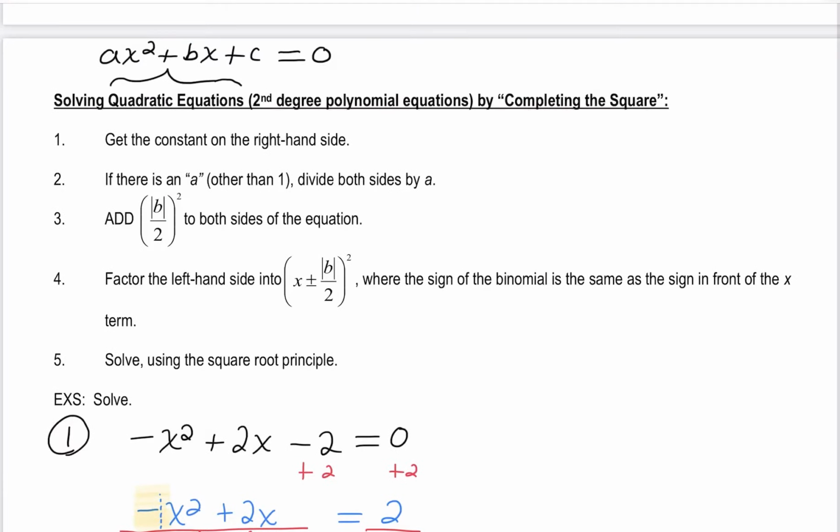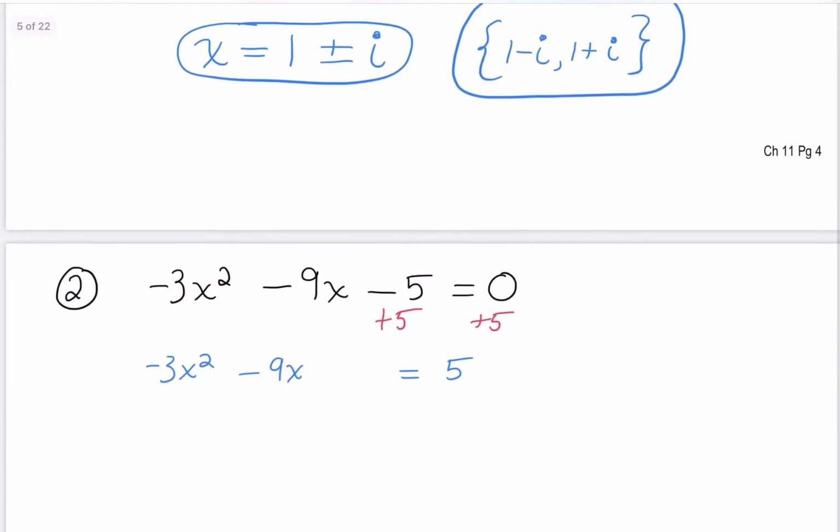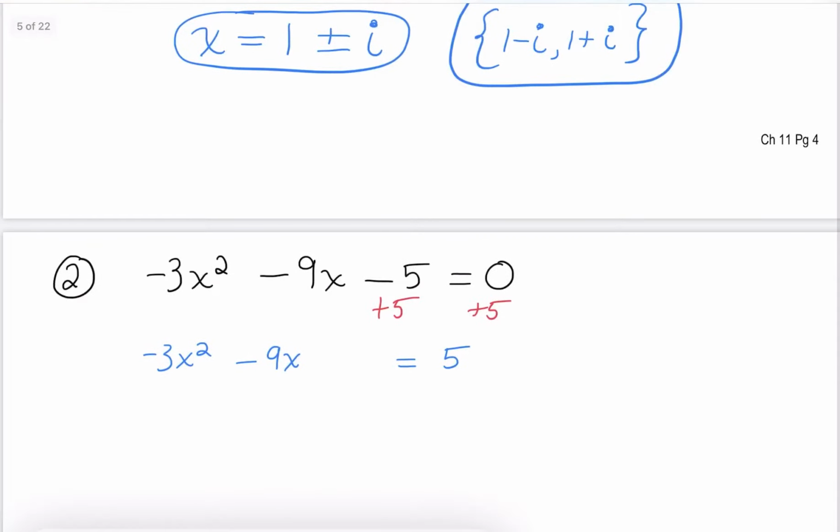Step 2, we have to get rid of any coefficient of the x squared term that is anything other than a 1. And we have that here. We have a situation with a negative 3x squared. So we are going to need to divide both sides by that negative 3.